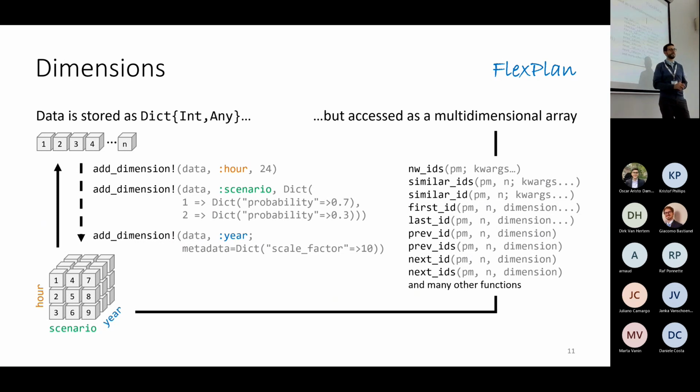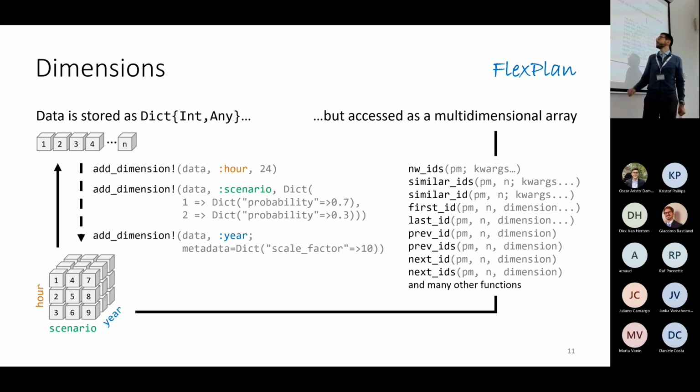So we had to develop a translation layer between the linear indexing that is provided by PowerModels and related packages and what we needed to formulate the model. So these are some functions included, and in order to build this translation, this add dimension function needs to be specified.